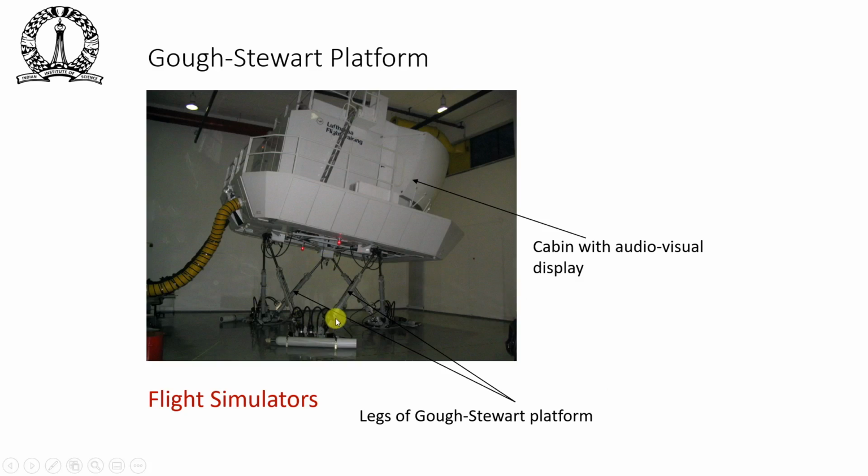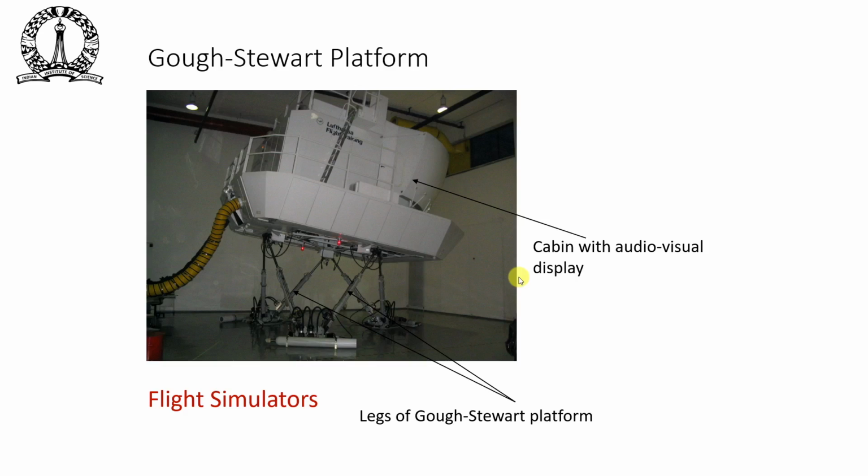So basically a Stewart platform can support a platform at 6 points. Hence it can carry a large amount of load, okay, because the whole weight of this top platform is supported at 6 places. The top platform is like a cabin with audiovisual display, and a pilot or a trainee will be sitting inside this cabin with lots of audiovisual displays around it.